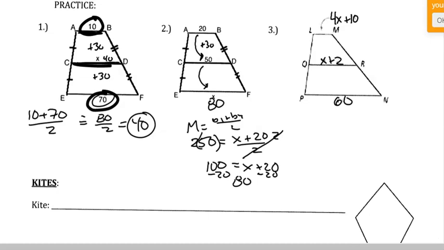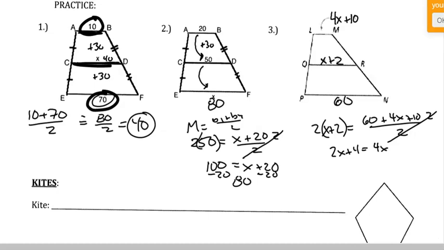Okay. So we know that the midsegment, x plus 2, equals your first base, which is 60, plus your second base, which is 4x plus 10, all over 2. And we're just going to solve this. Multiply by 2 on both sides. 2x plus 4 equals 4x plus 70. I think we're going to end up with a negative number because I couldn't read the actual numbers.